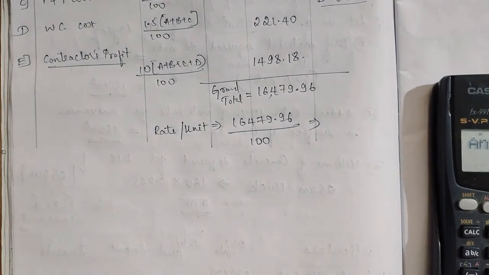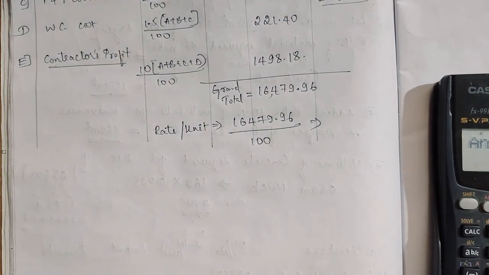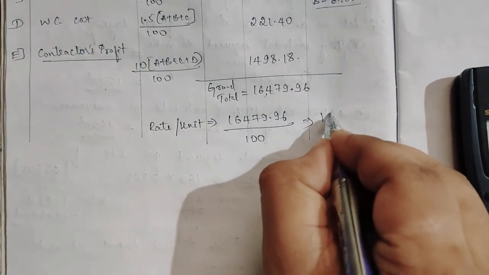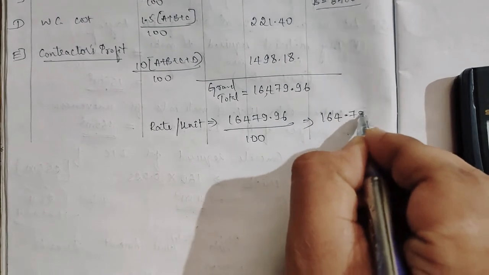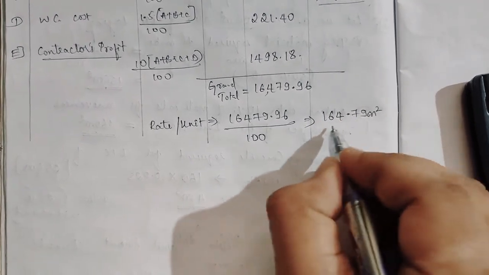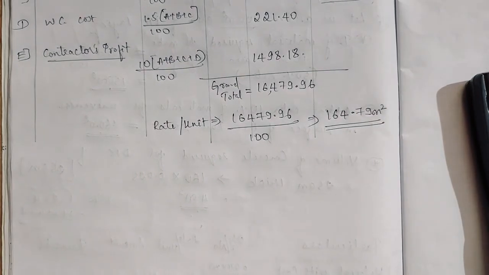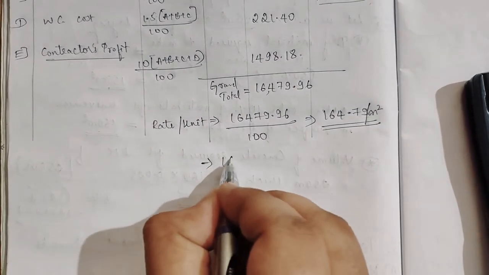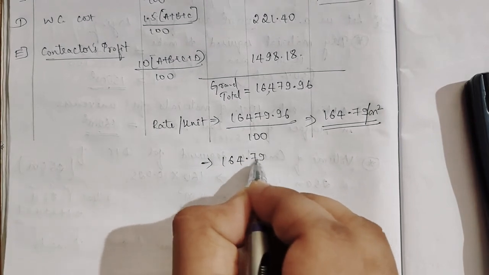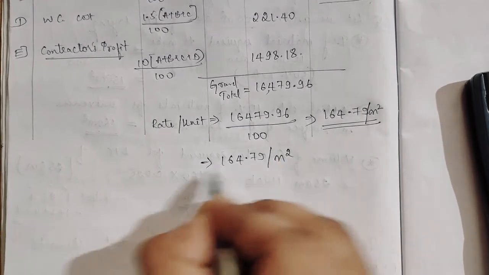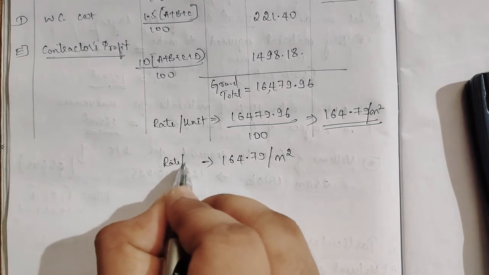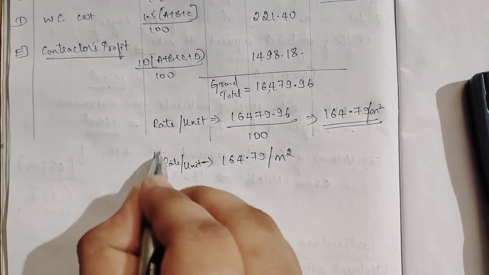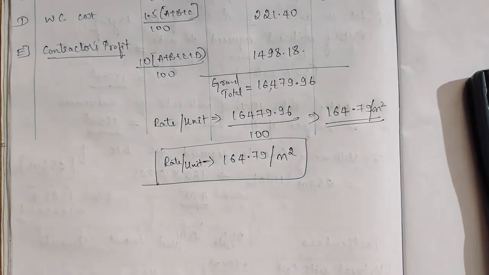So divided by 100, it will be 164.79 per square meter. So the rate per unit will be 164.79 per square meter.